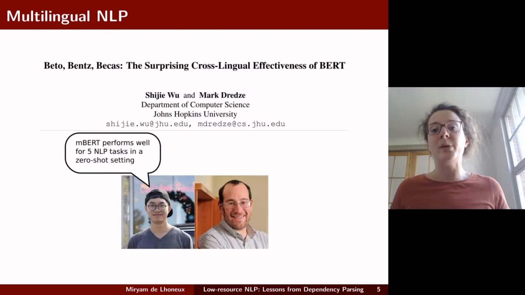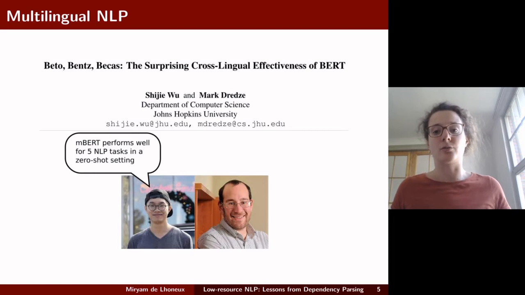And a big development has been the development of MBERT, multilingual BERT, which is a huge language model pre-trained on a lot of languages without any cross-lingual supervision. It's just trained to do language modeling on a lot of languages.